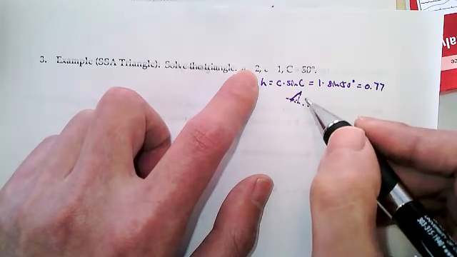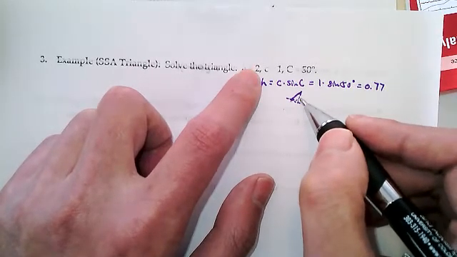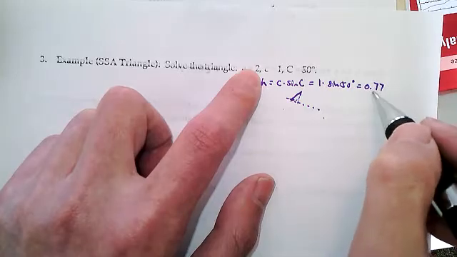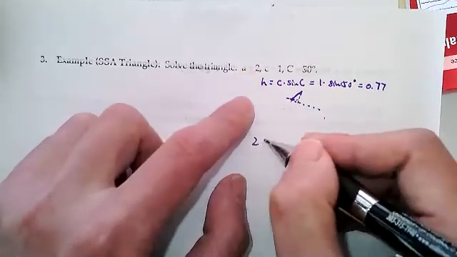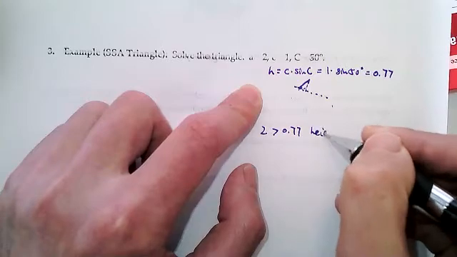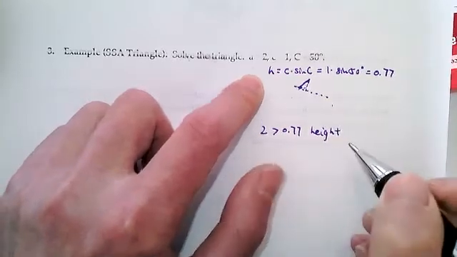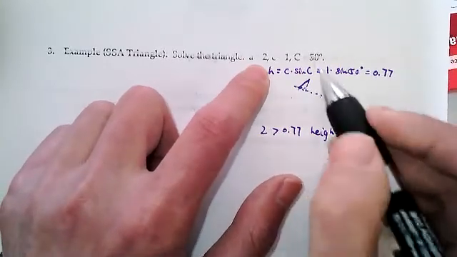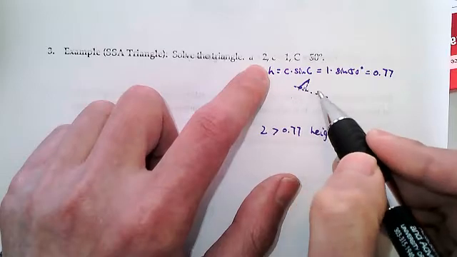However, do you notice something weird? 2 is longer than the height, obviously. 2 is greater than the height. At the same time, 2 is also longer than the side.